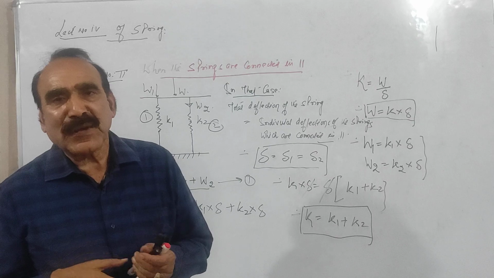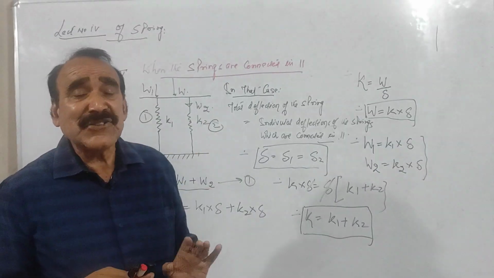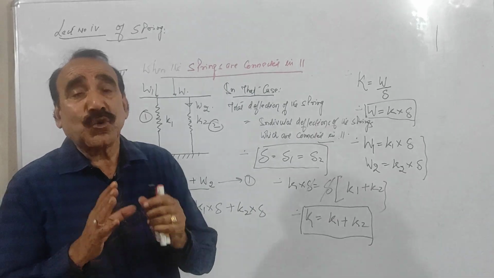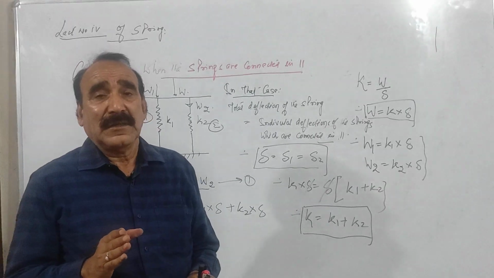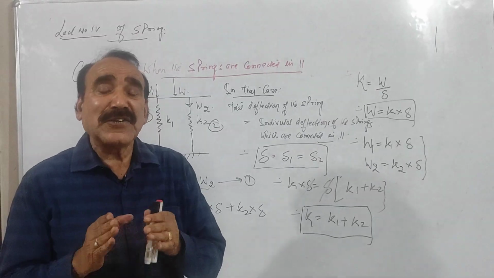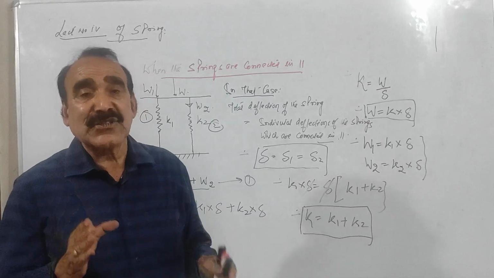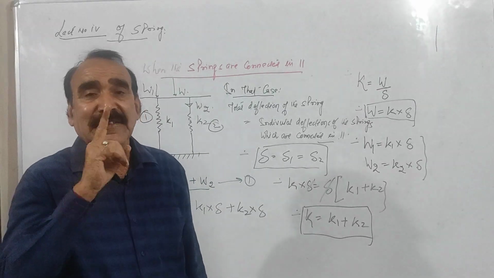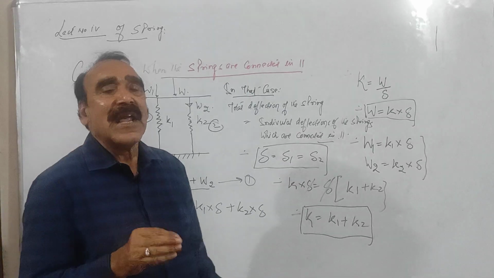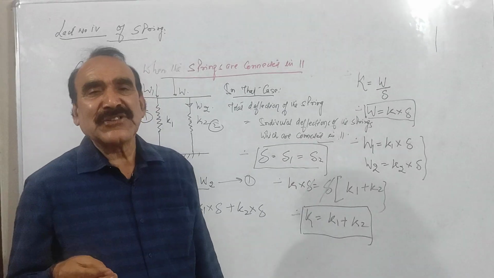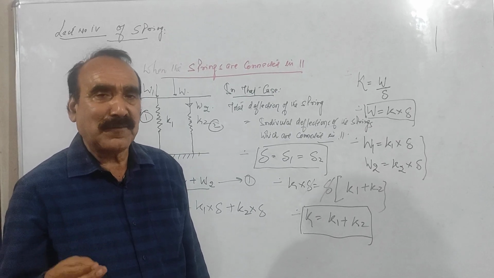So when the springs are connected in series, the condition is very simple: the total deflection of the spring is equal to the sum of the individual deflections of the springs which are connected in series. So your delta, that is total deflection, is equal to delta 1 plus delta 2, and here we have got the total stiffness, 1 upon K is equal to 1 upon K1 plus 1 upon K2.